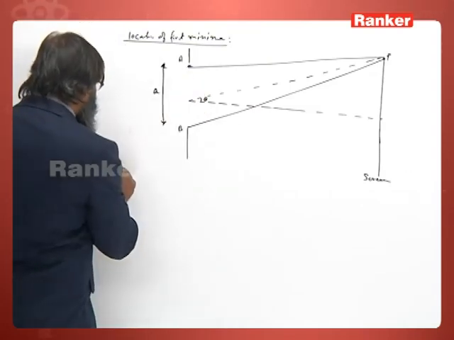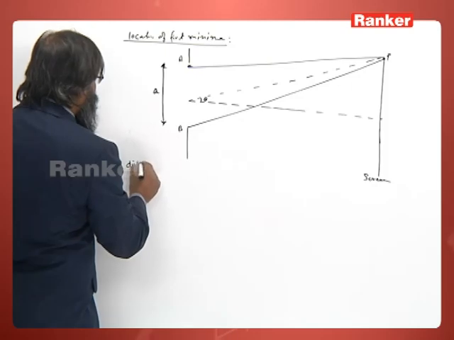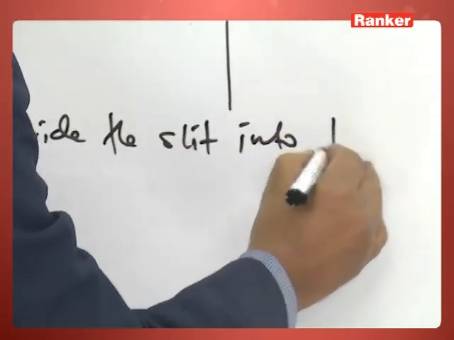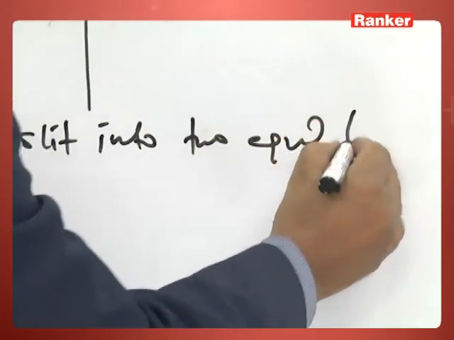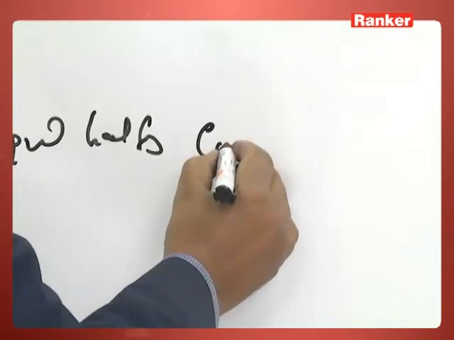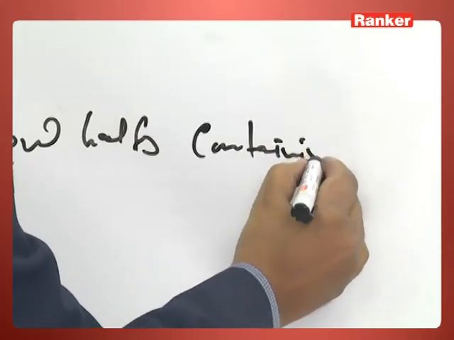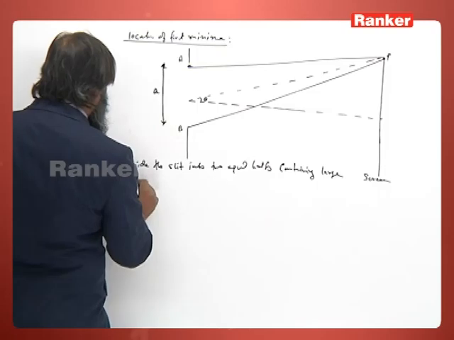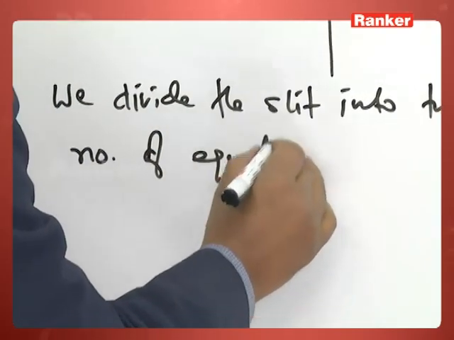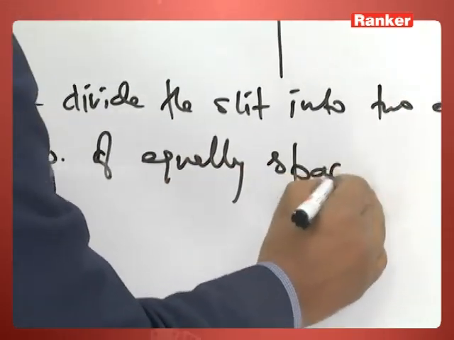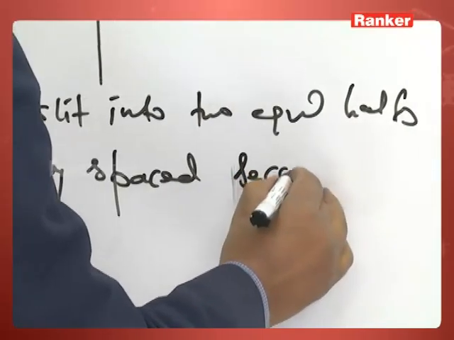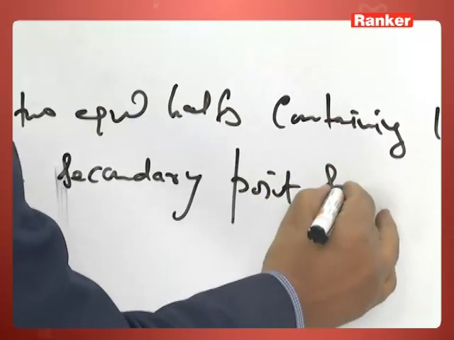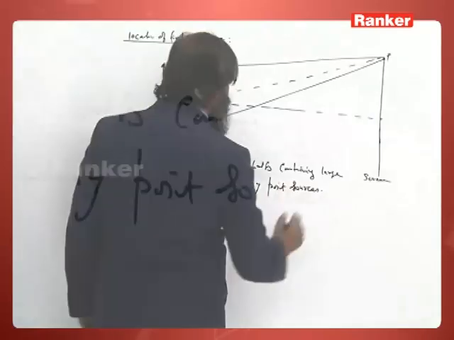So, we divide the slit into two equal halves containing a large number of equally spaced secondary point sources.